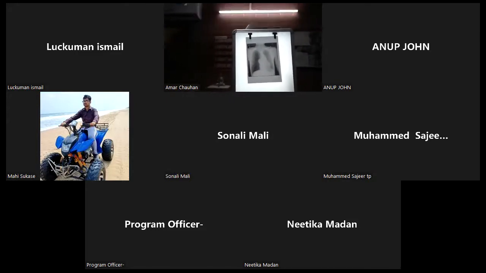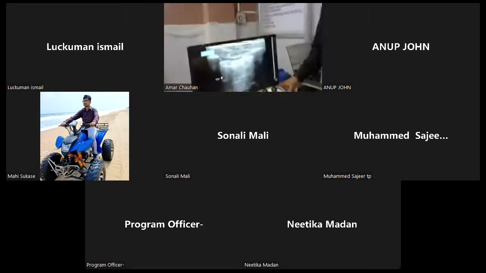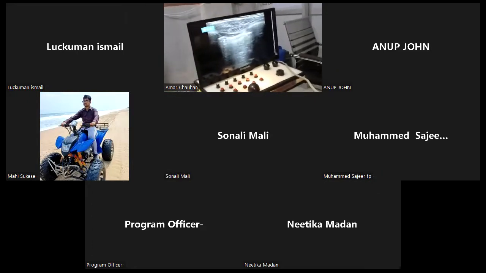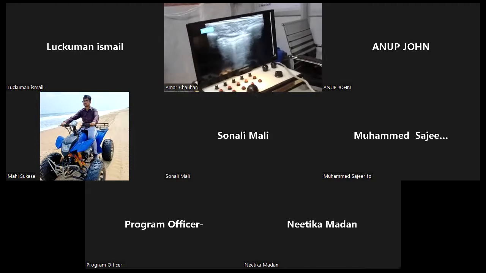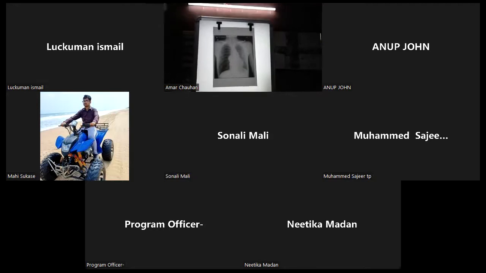So if we do the ultrasound of such a patient, it should be done at the earliest opportunity. This is what we get. This is the ultrasound. This is the absent lung sign, indicating that this patient has got pneumothorax. If you don't have ultrasound, you can have the X-ray, and that shows right-sided pneumothorax.